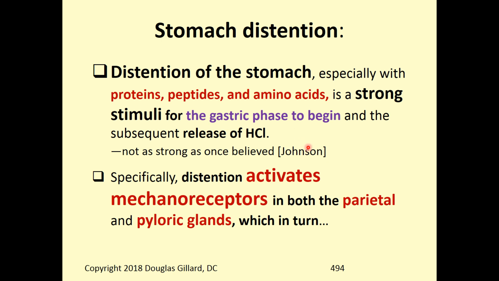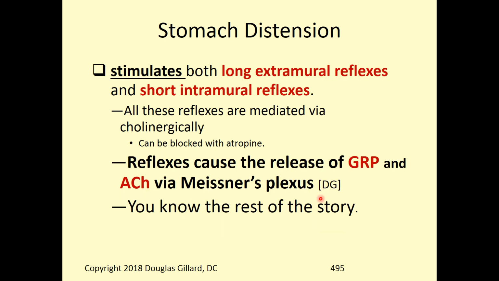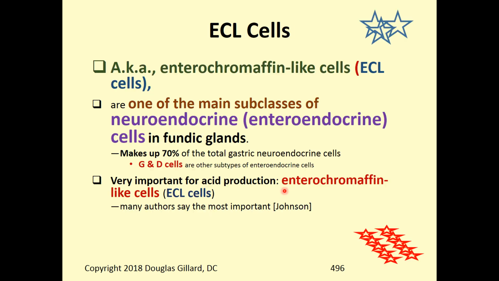We're not going to get into all the long and short reflexes, but the bottom line is acetylcholine and GRP are released once you get some stretch in the stomach. The stretch activates mechanoreceptors. There are long extramural reflexes and short reflexes. The bottom line with these reflexes is they quickly stimulate Meissner's plexus to release GRP and ACH, and you know the rest of the story.